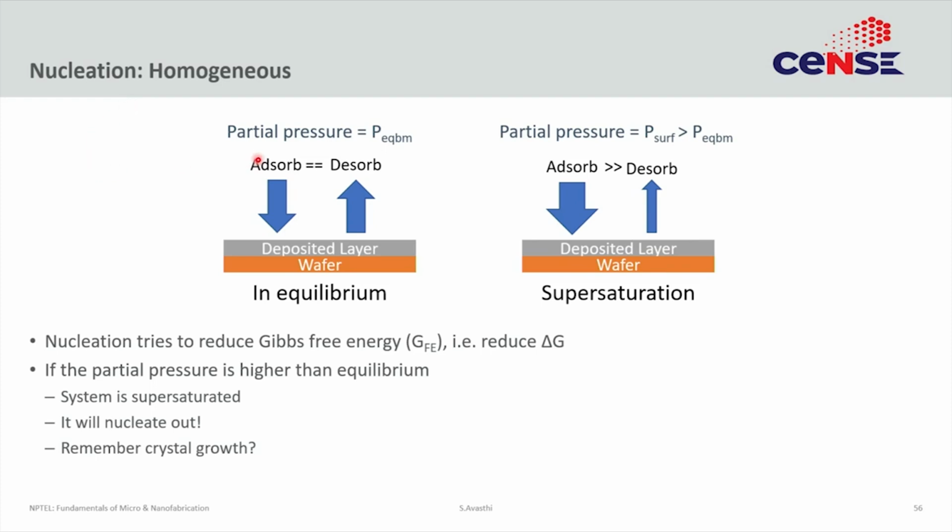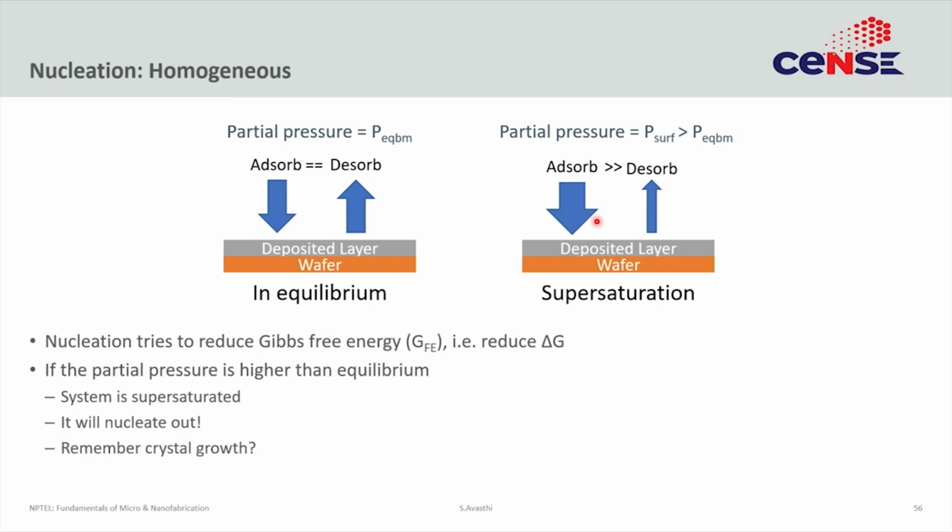If you were to keep that system at equilibrium, there would be a kinetic equilibrium where adsorption of the material on the surface and desorption from the surface would be equal, so the net thickness of the film would not change. However, if you make the system go into non-equilibrium, specifically supersaturation, then adsorption would be higher than desorption, and you would have a driving force for transporting the material onto the surface and reorganizing.